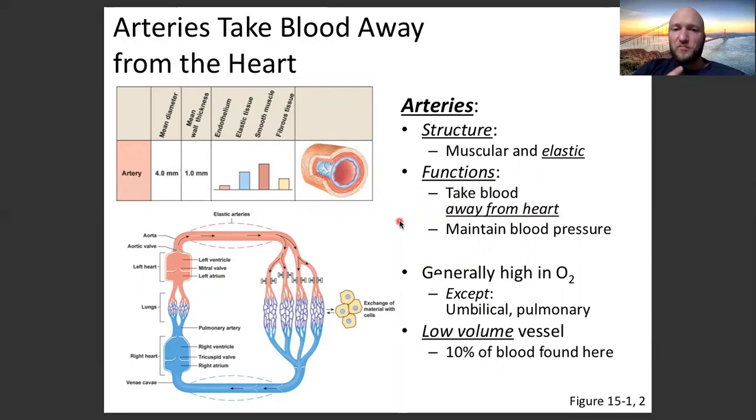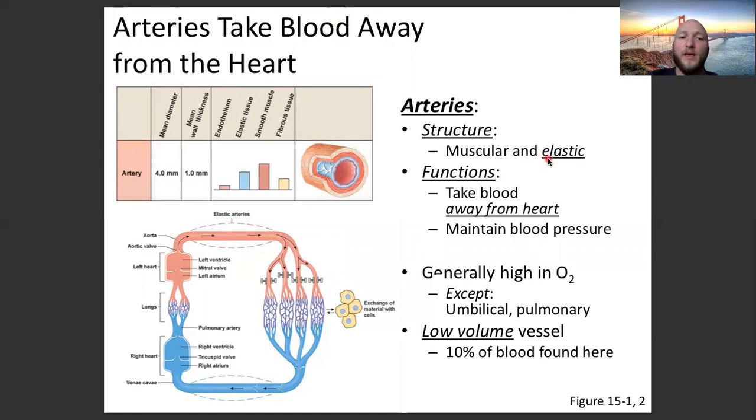Now, they have special characteristics that help them do this. Let's just get into writing. So they're muscular and they're elastic. There's smooth muscle in the walls of arteries, and there's also a high level of elastic fibers.